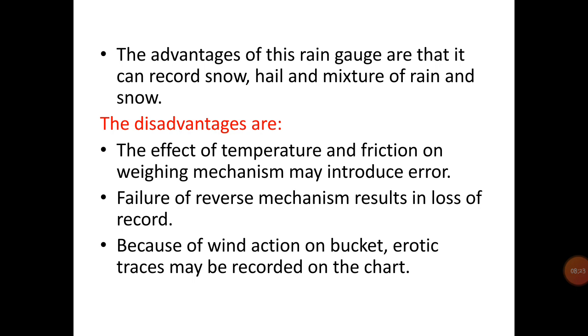Failure of the reverse mechanism results in loss of record. Because of wind action on the bucket, erratic traces may be recorded on the chart. These are the advantages and disadvantages of the mass curve.